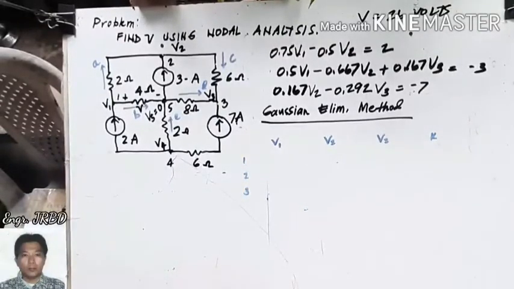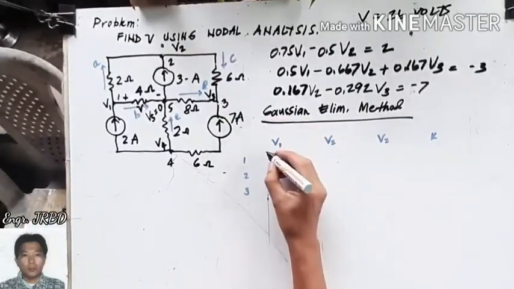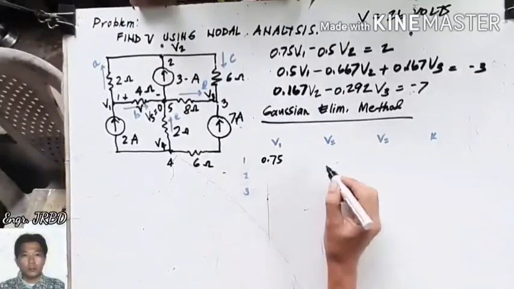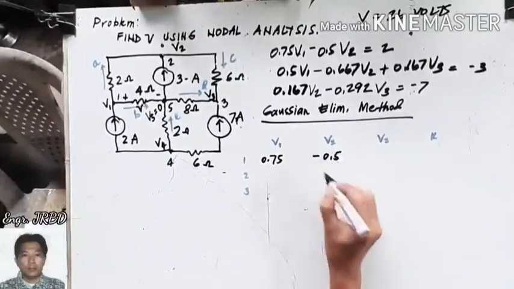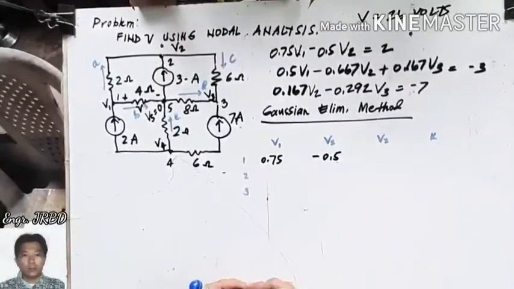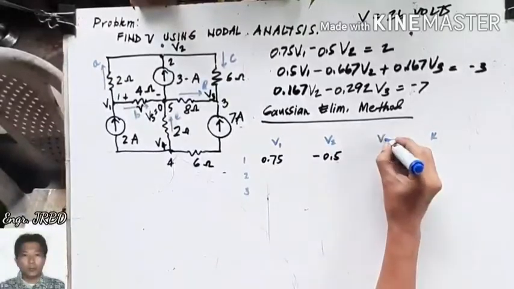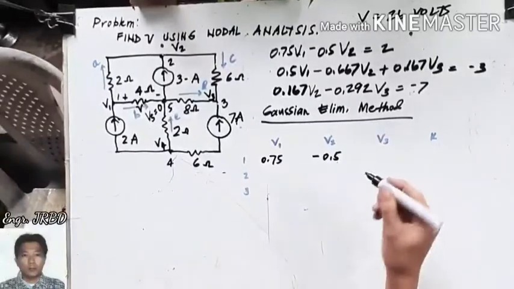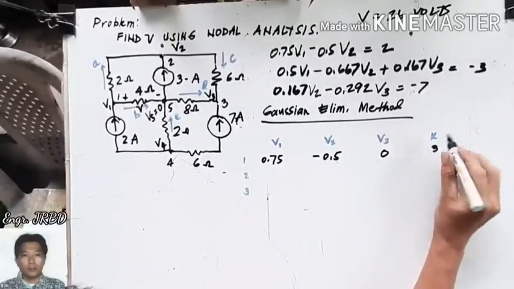So if you will start, the numerical coefficient of your variable b sub 1 in equation 1 is 0.75, and for b sub 2 is negative 0.5. The numerical coefficient of b sub 3 from the first equation, since it is not provided, is understood to be 0. And the constant on the right side is 2.